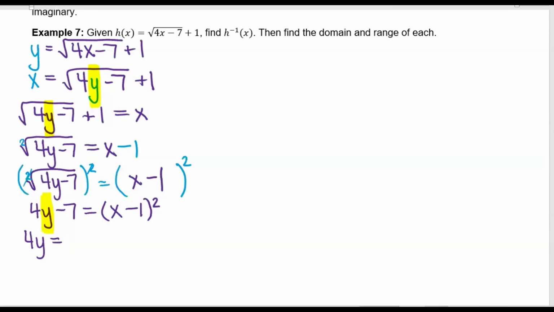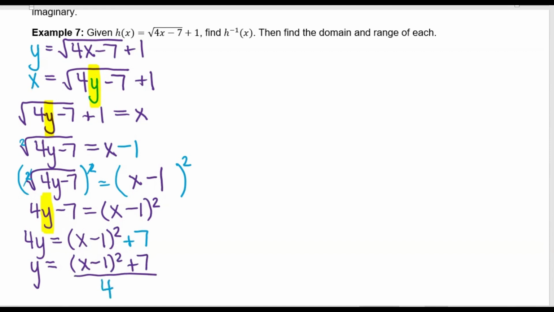So we get 4y is equal to x minus 1 squared plus 7. And then we need to get the y by itself by dividing by 4 on both sides. So we're going to have parentheses x minus 1 squared plus 7 all over 4.